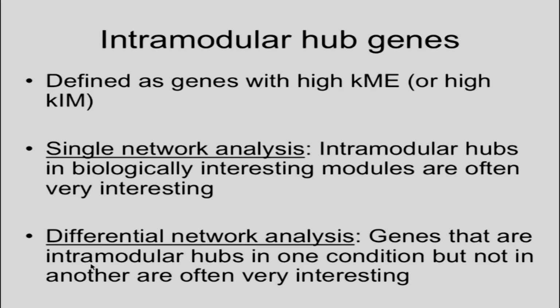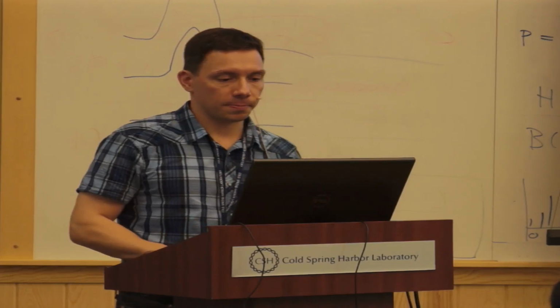You can also do differential network analysis, where you ask, if I have a gene that is a hub in human brains, but not in chimpanzee brains, then maybe this is a gene that really reflects species differences. So that's known as differential network analysis.